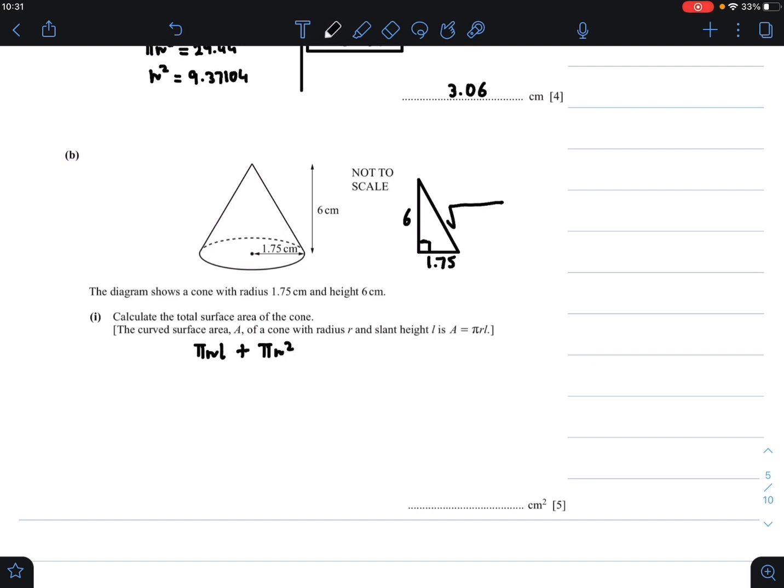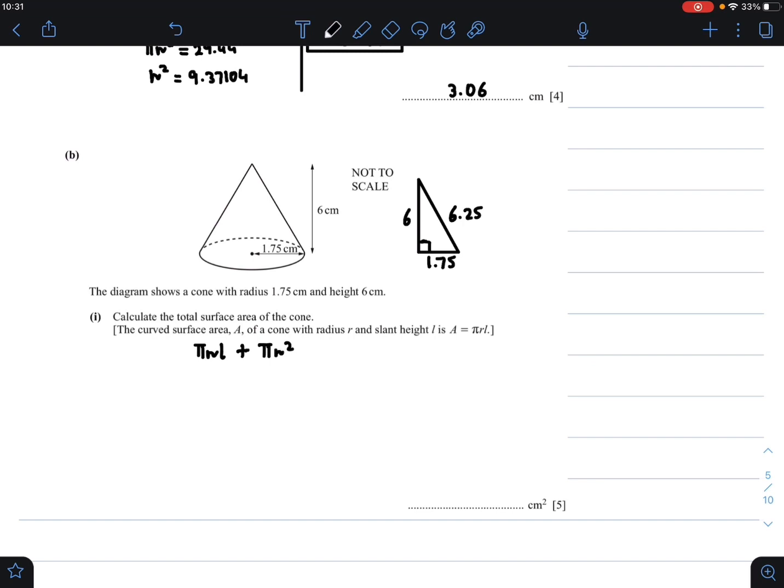So 1.75 squared plus 6 squared, which is 36, is equal to 39.0625. Therefore the slant height will be equal to the root of 39.0625. Now the root of 39.0625 is equal to 6.25. So now we have the slant height as well, which is 6.25.